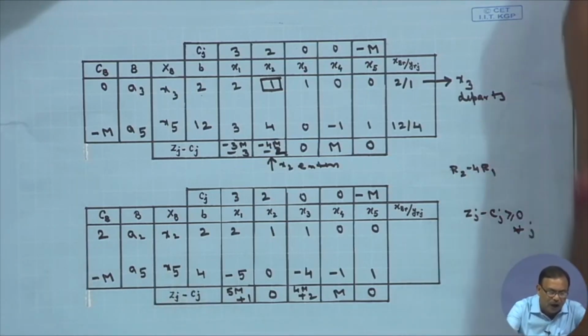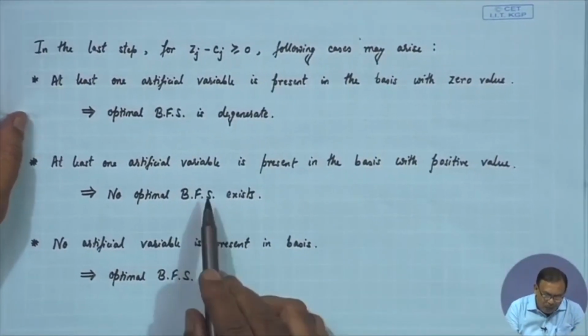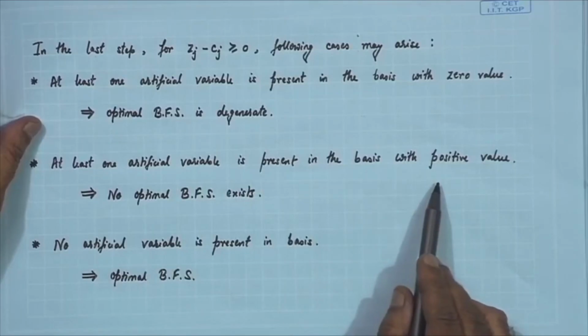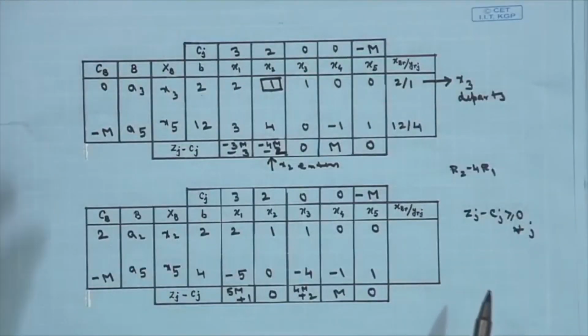So, if you see the earlier problem, what we have told here is that if at least one artificial variable is present in the basis with positive value, in that case we say that there is no optimal solution.